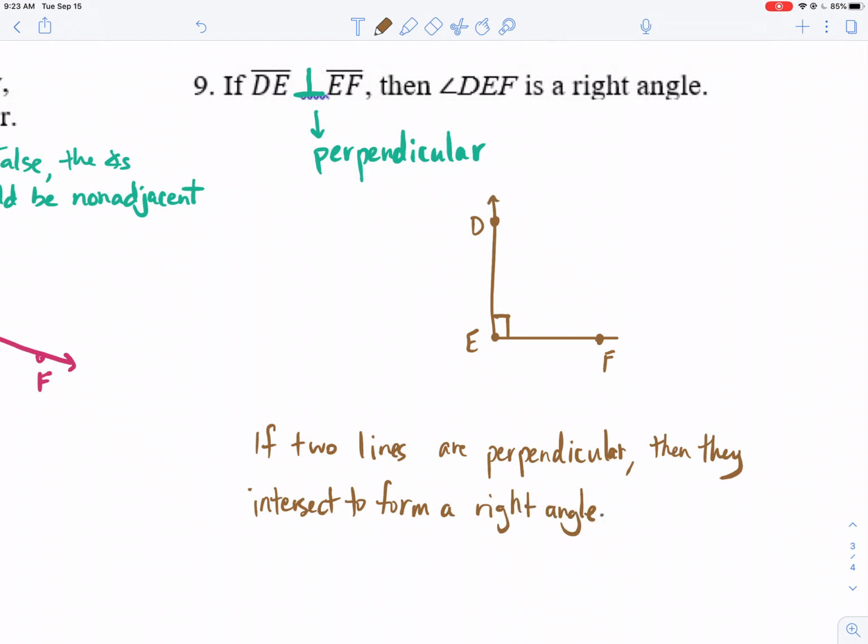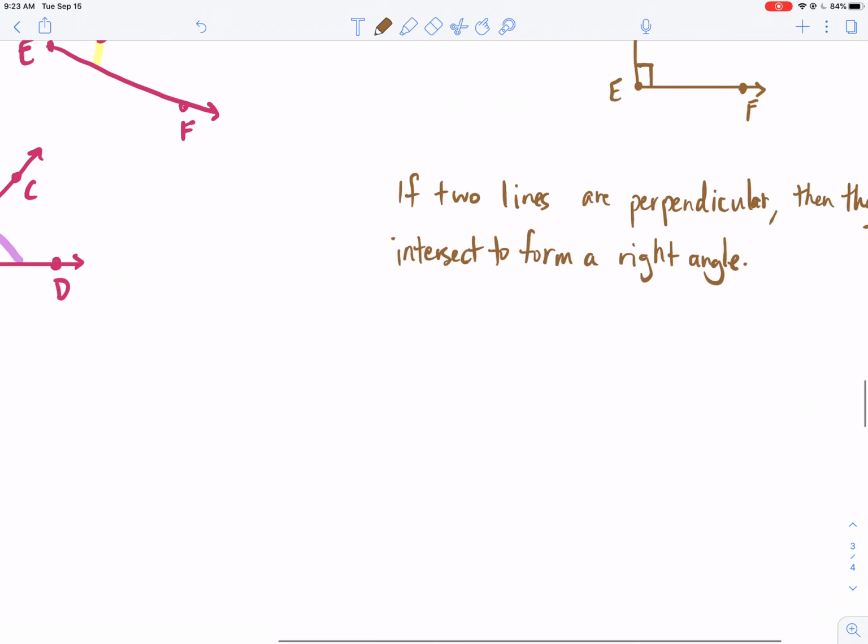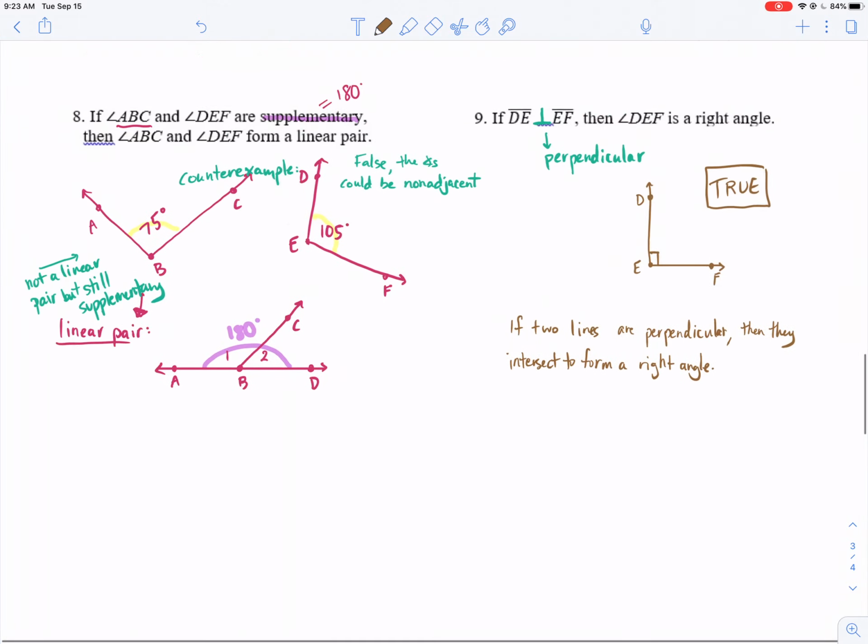Okay, so DE and EF are segments on these lines, or rays DE and EF. Because I know that they are perpendicular and that was given to us, angle DEF is a right angle. That is true. That is what we conclude from them being perpendicular. And this concludes our 2.1 notes.